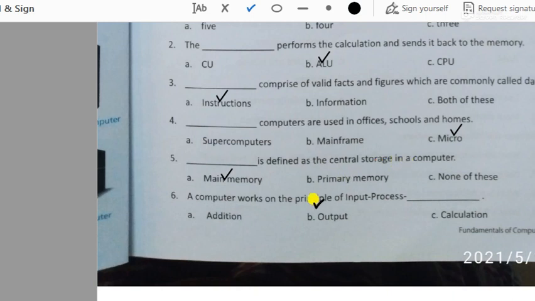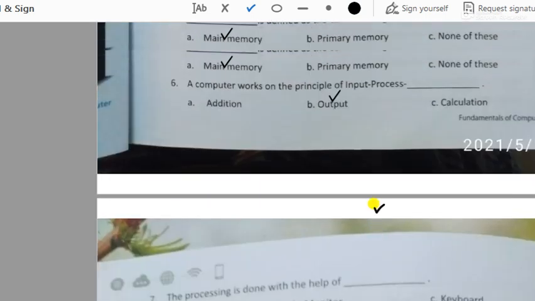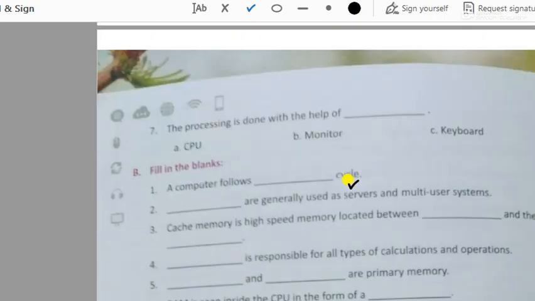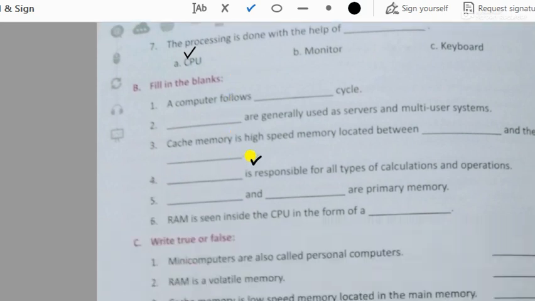A computer works on the principle of input, process, output. So you can do all the exercise here, and the process is done with the help of the CPU. All the processes are done with the help of the CPU.